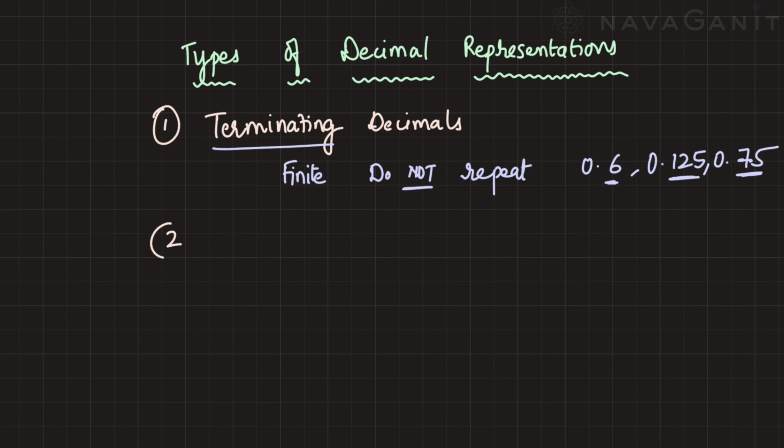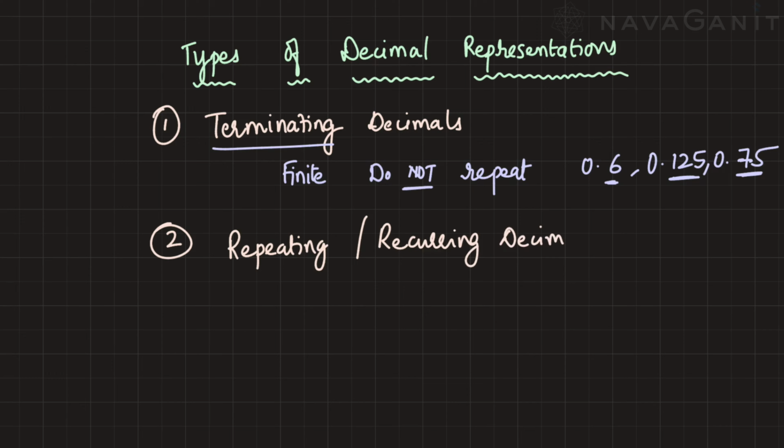The second kind are called repeating or also called recurring decimals. So as the name suggests, these decimals have one digit or one block of digits that repeat endlessly. What are some examples?